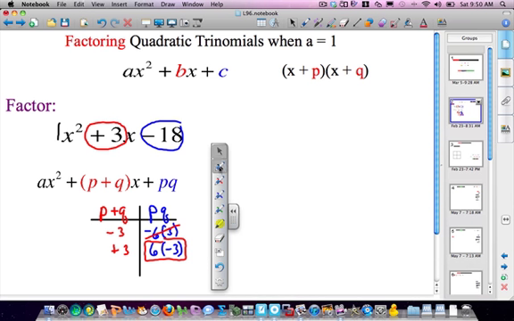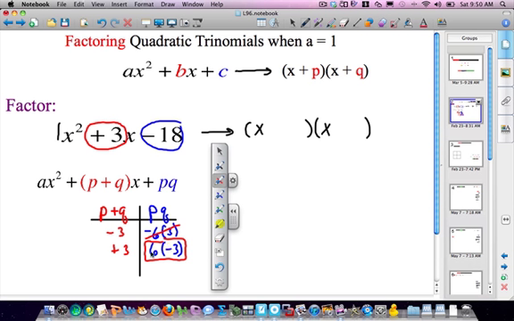Now we know from past experience that when you factor a quadratic trinomial, you're going to end up with two linear binomials. So let's go ahead and open up two sets of parentheses. Now we know the first term in each factor will be the x. The second term in each factor will be the factors that we just found in our list.